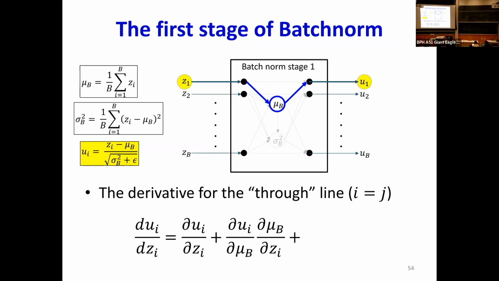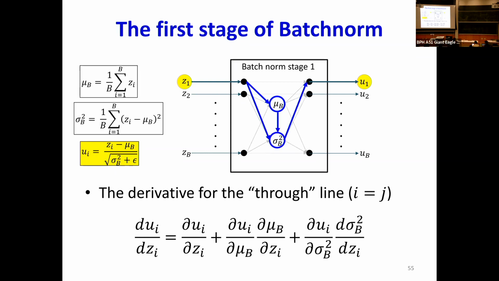Everybody with me? Yes. Now, there's another term, which is the variance, right? So if I perturb z, it perturbs the mean, it directly perturbs the variance, and then also perturbs the variance through the mean. Correct? And the perturbation of the variance perturbs u.